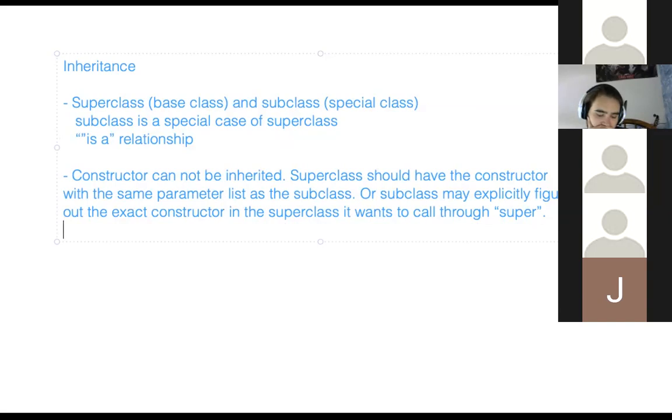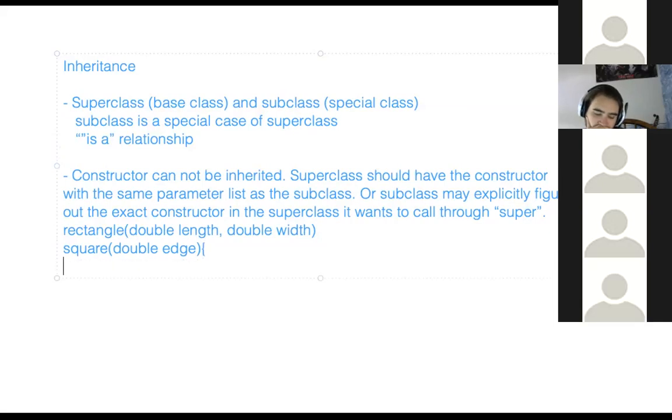So at this time, for example, we have a rectangle, which has 2 parameters, one is length, one is width, and the square class, I only have edge, right? So then in the subclass, I can do one thing.